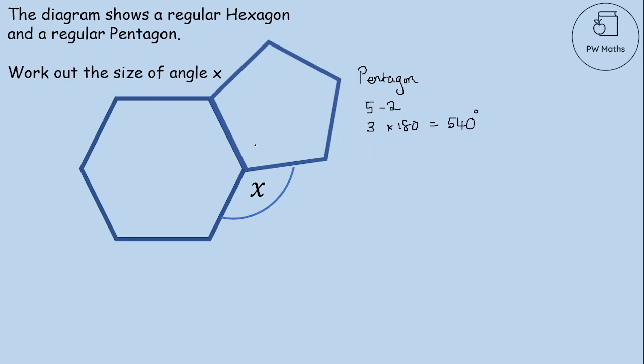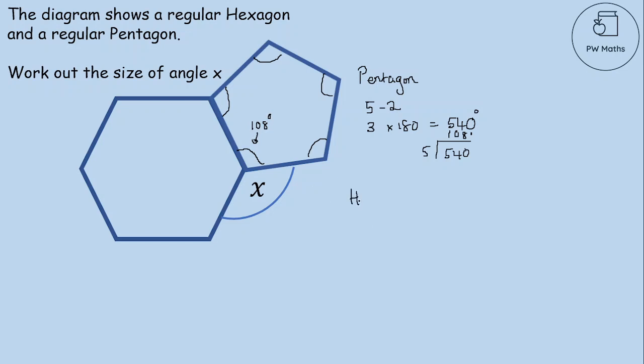Dividing this by how many angles I have on the inside of my pentagon, 1, 2, 3, 4, 5, I can figure out what the interior angle is going to be. 540 divided by 5 for 108 degrees. So this inside angle, 108.